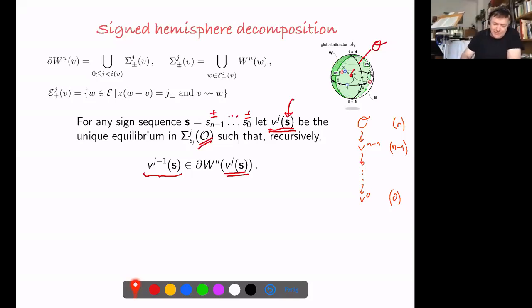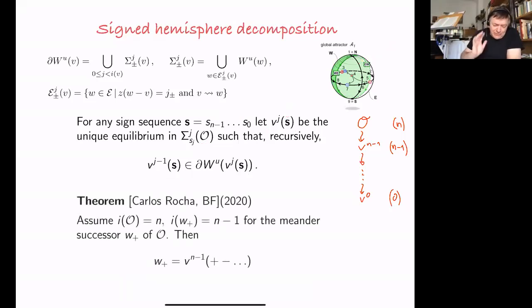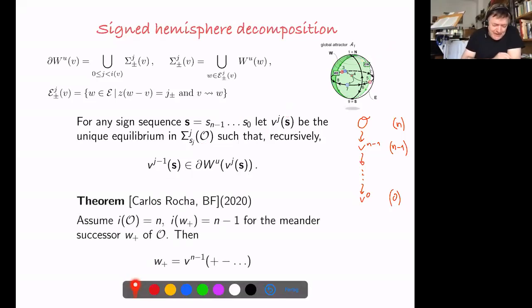Let me give an example. No, let me give a theorem first, sorry. The theorem which we proved and which just appeared says how to determine from an abstract signed Thom-Smale complex where the meander goes. Because now I have a Thom-Smale complex, say, and I want to determine, is it Sturm or is it not?